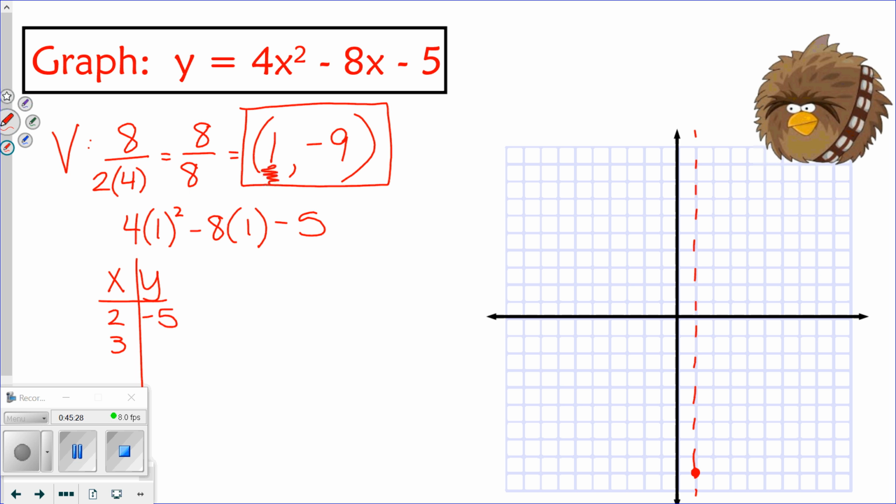Bless you. All right, and then plug in a 3. 7? Did you guys get 7? Am I faster than you guys typing that in your calculator? Mental math has its place. It actually is faster. And then 3, 7. And reflect it.